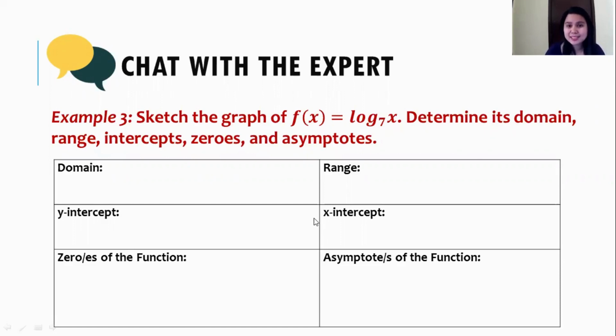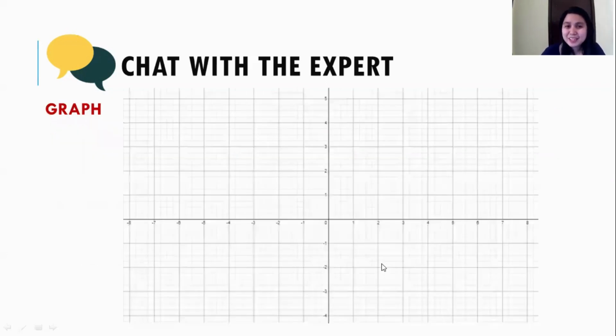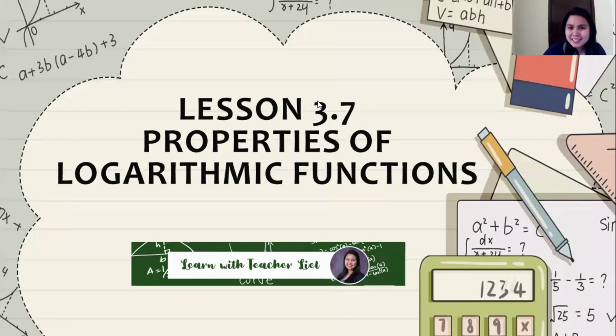It will never cross the y-axis. X-intercept, (1, 0). Zero, 1. For the vertical asymptote, it's at the y-axis, and for the horizontal asymptote, we don't have any. Any questions before we end today's lesson?